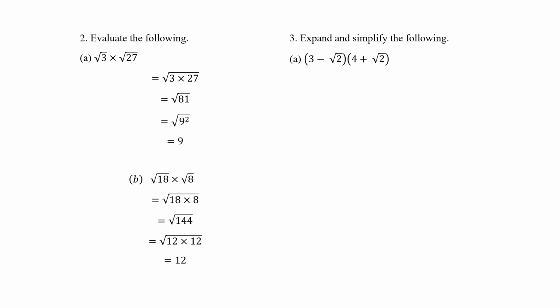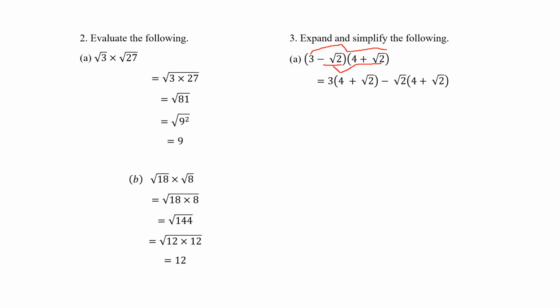Like in O level, we used to expand. If we have two brackets, the first step is to make the 3 multiply the whole of that bracket, then the minus root of 2 multiply the whole of that bracket. So this is what we have there.